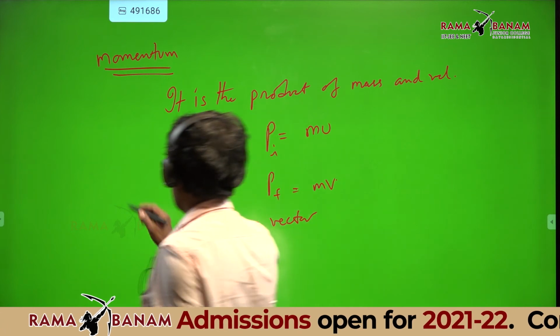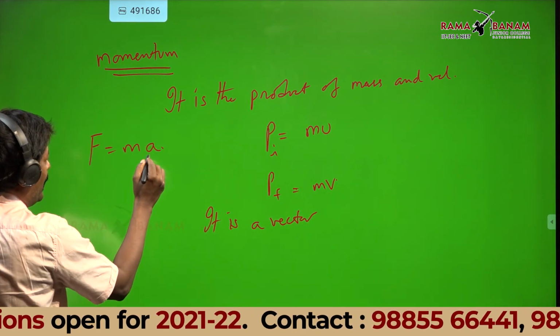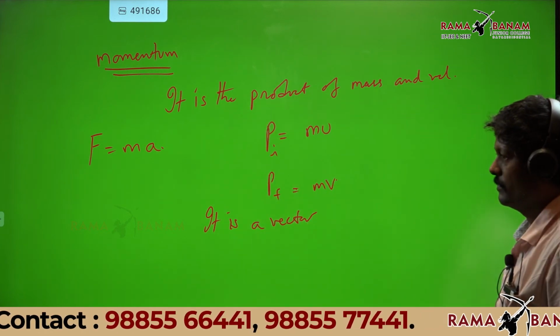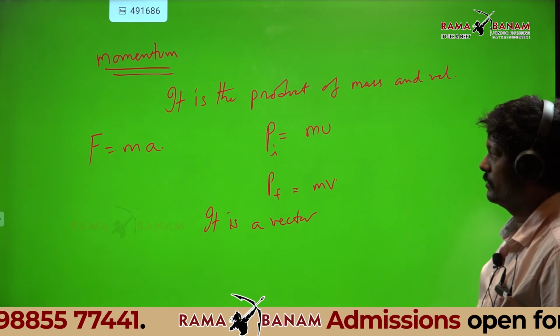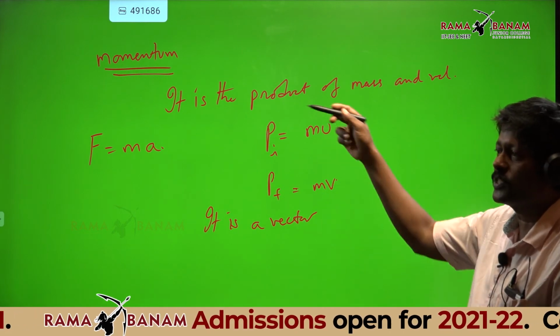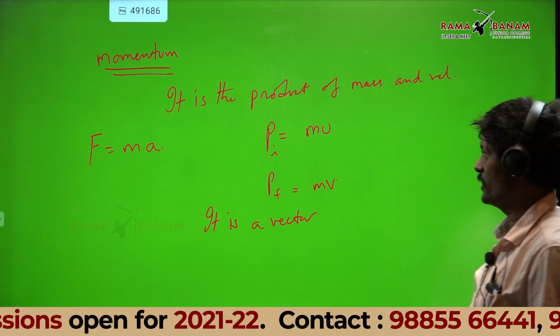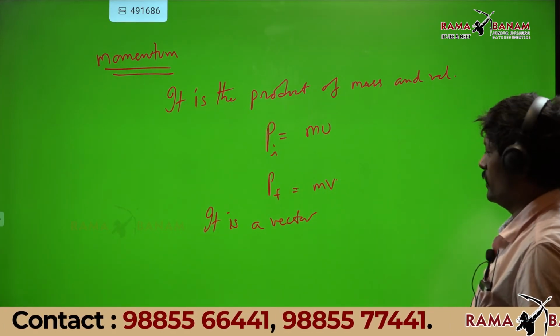For example, F equals ma. Is acceleration a vector or scalar? Vector. So force is also a vector. So it is easy to find out in that way. So momentum is a vector.